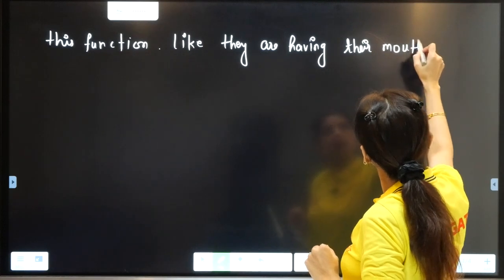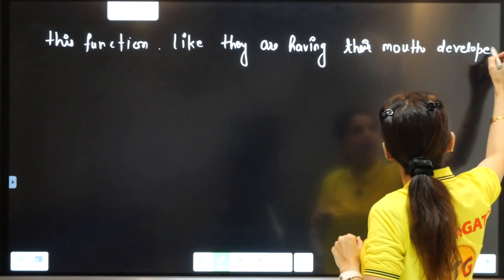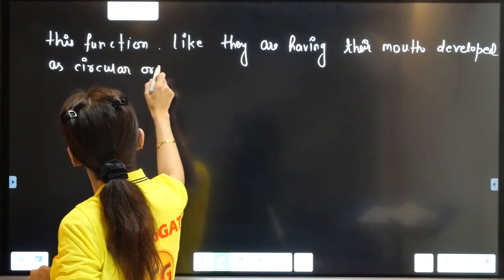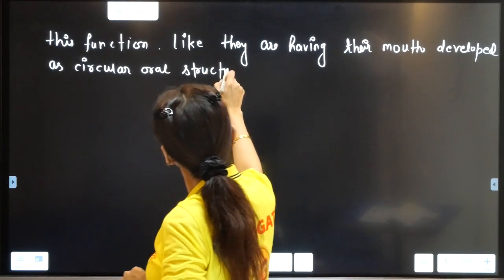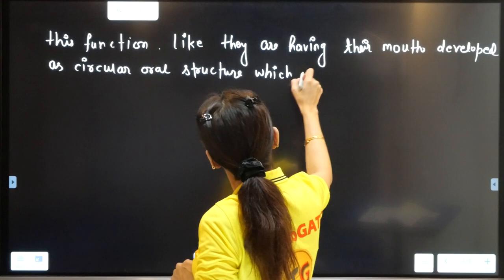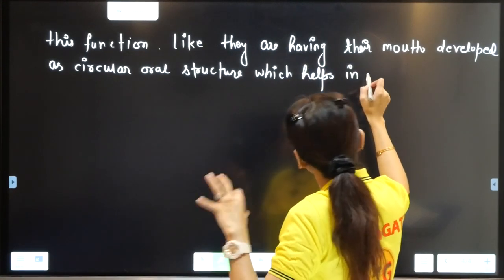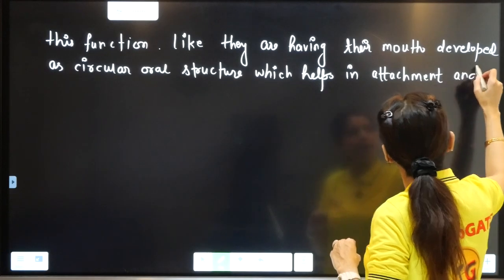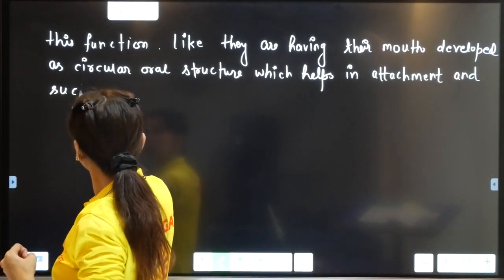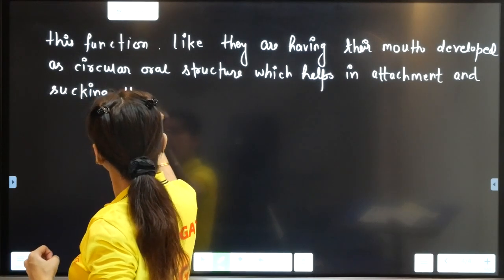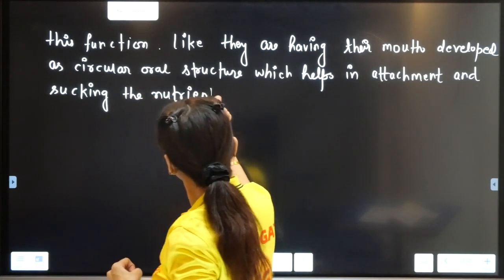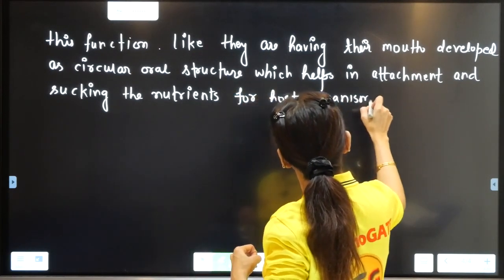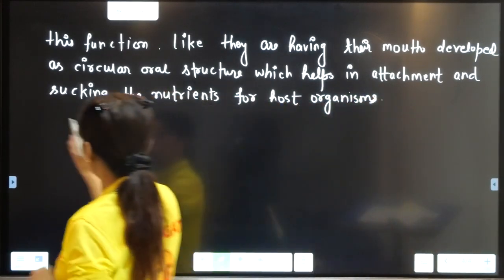Their mouth is developed as a circular oral structure, which helps in attachment and sucking the nutrients from host organisms. Is it clear? We will make the diagram for this because they are existing ones.